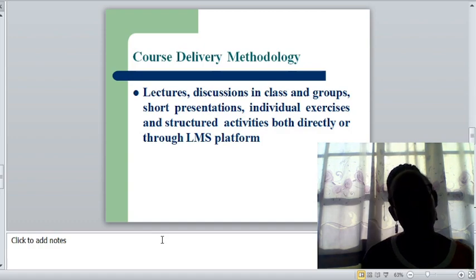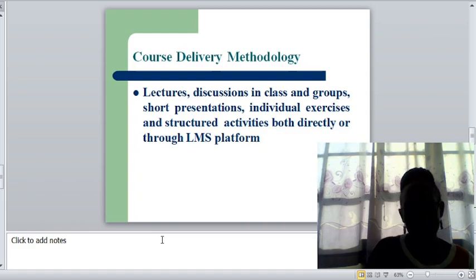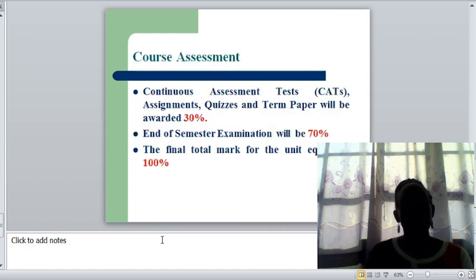Then course delivery methodology. We are going to have lectures, discussions in class and groups, short presentations, individual exercises and structured activities, both directly or through LMS platforms. In the course assessment, we are going to have CATs in the form of assignments, quizzes, and a term paper, which will amount to 30%.